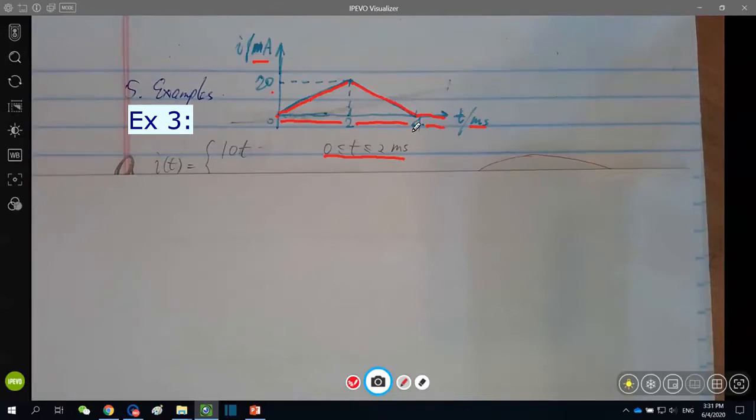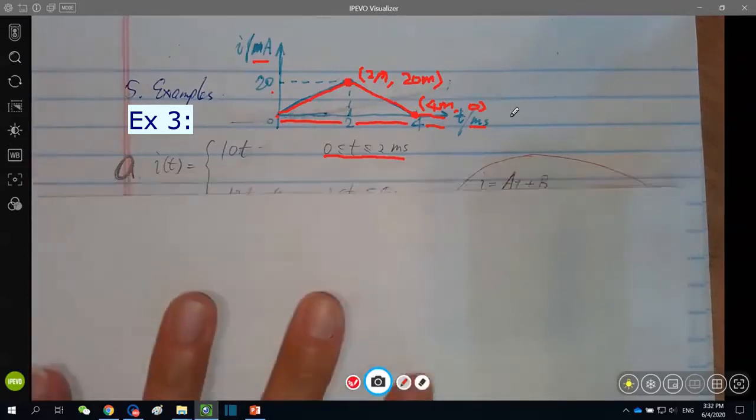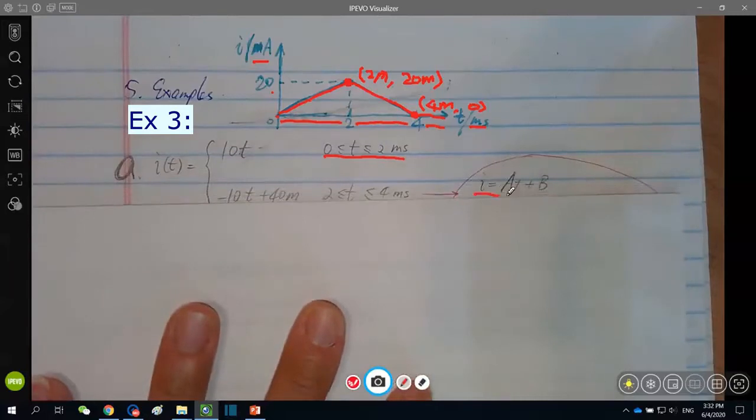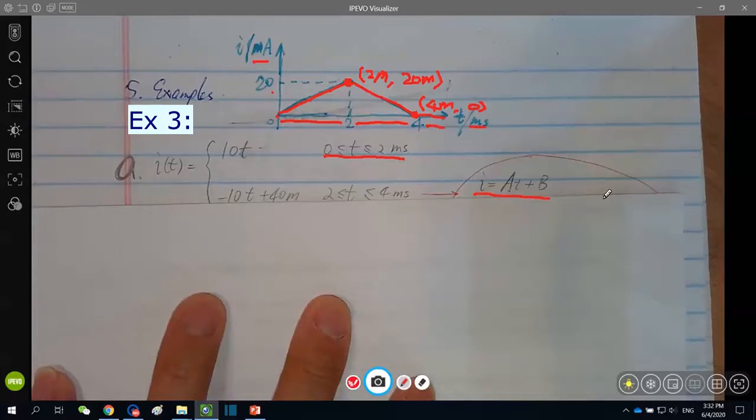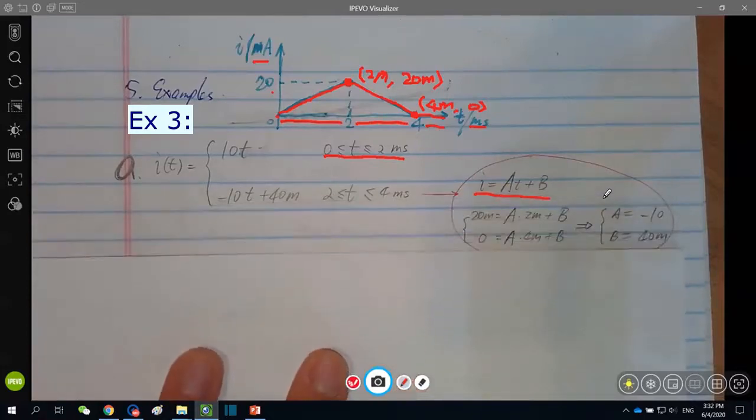We need 2 points to calculate the expression of this straight line. We can choose the point here with coordinates of 2 milli and 20 milli, and the second point here with coordinates of 4 milli and 0. So we substitute 2 coordinates into an assumed current expression like this, and we can find the constants A and B. Specifically, here's the solution.